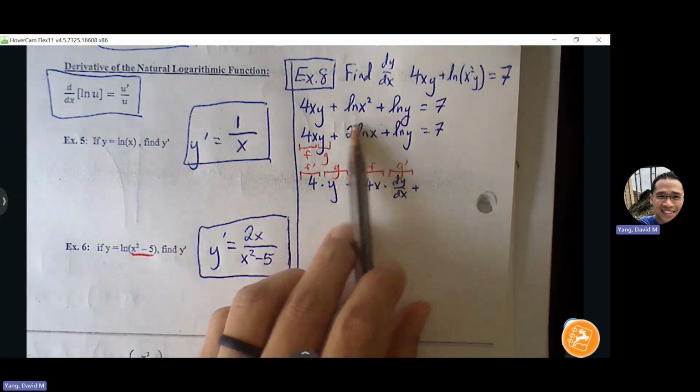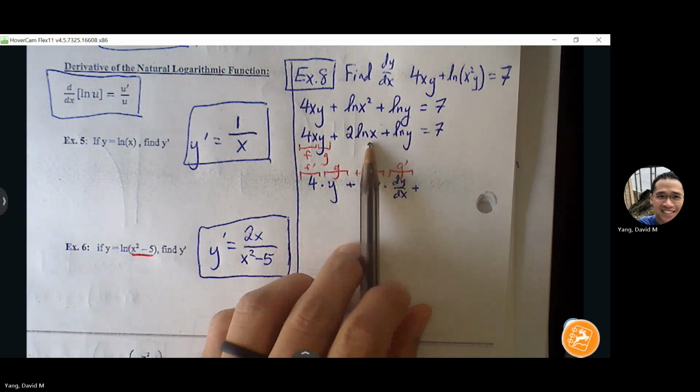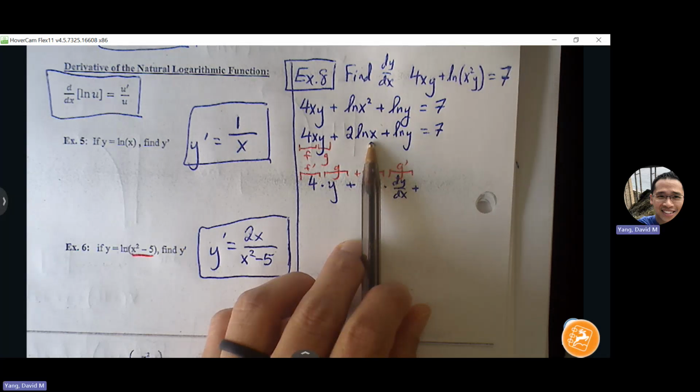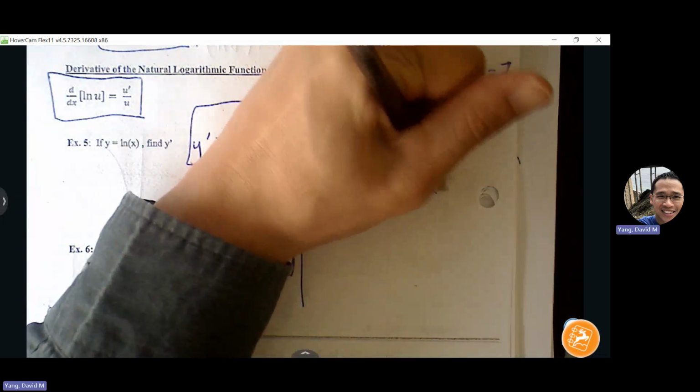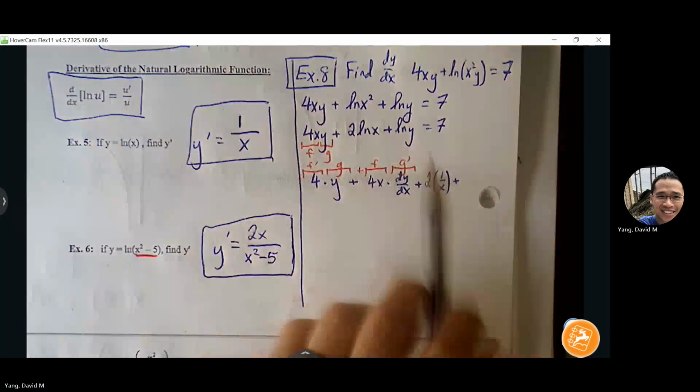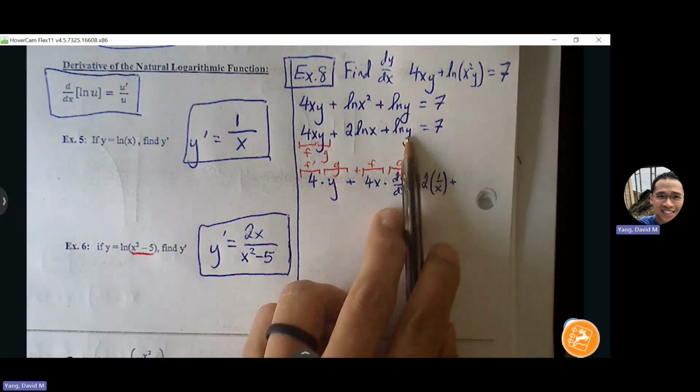Two natural log of x's derivative is 2 times u prime over u, right? So 2 times 1 over x, so 2 over x. Natural log of y, okay, u prime over u, what's the derivative of y?